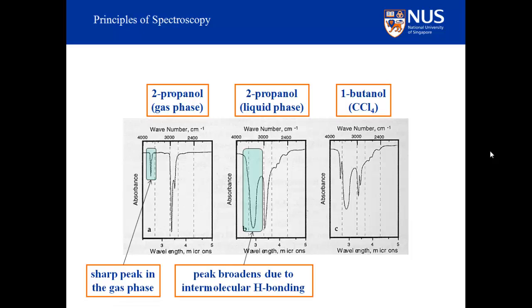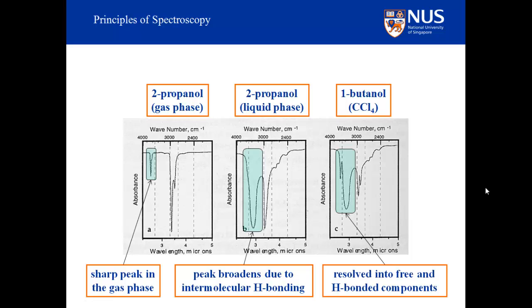But in the liquid phase, it has dropped down to 3400 wave numbers or so. Well, we can understand this drop quite easily, because as you go into the liquid phase, the propanol molecules are going to interact with one another, and you're going to get hydrogen bonding setting itself up, and so this is going to drop the frequency of the vibration. And of course, when you've got all these interactions going on, that is going to lead to a broadening of the spectral line.